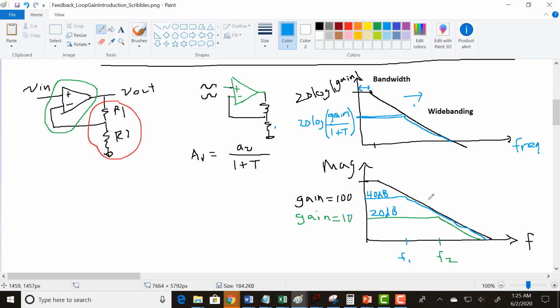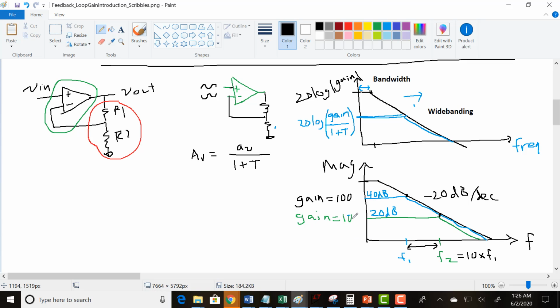You notice the slope of this line right here is minus 20 dB per decade. So you know that this point right here is 40 dB, and this point right here is 20 dB. So these two frequencies right here, those are a decade apart. F2 equals 10 times F1.